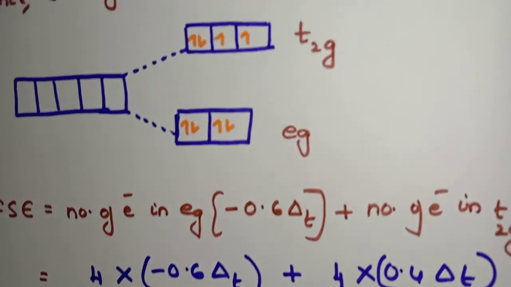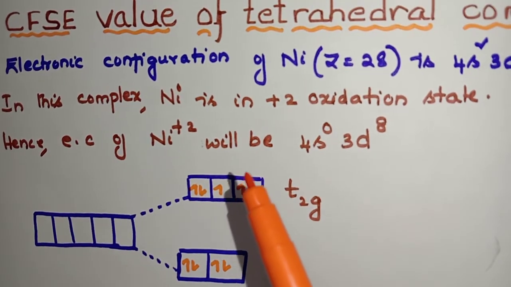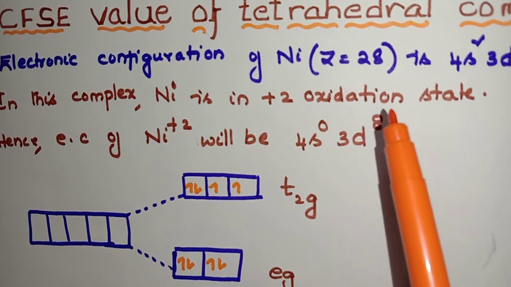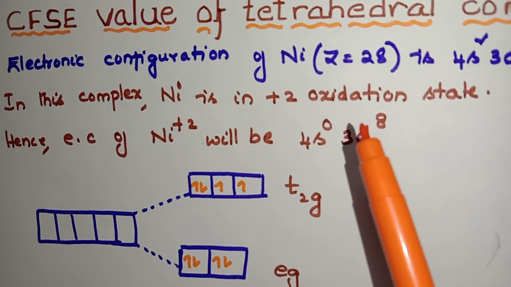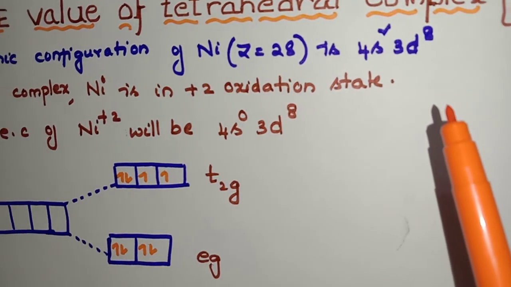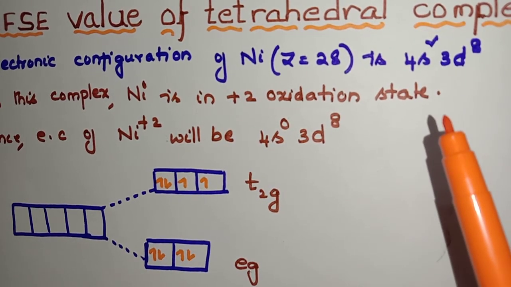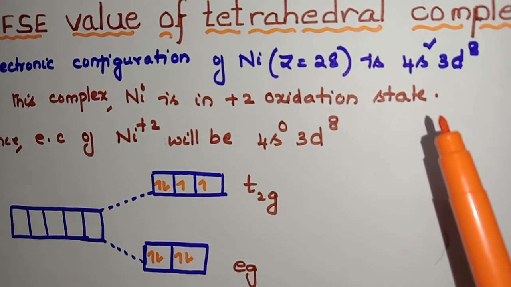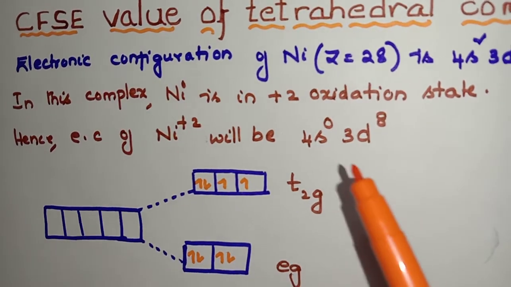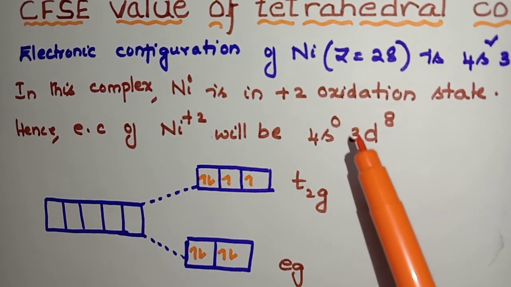So how did I calculate, students? First, you should know the atomic number of the central metal and you should be able to write the electronic configuration in the outermost shell. Then determine its oxidation state, it means the central metal's oxidation state. Then write down the electronic configuration after knowing the oxidation state.